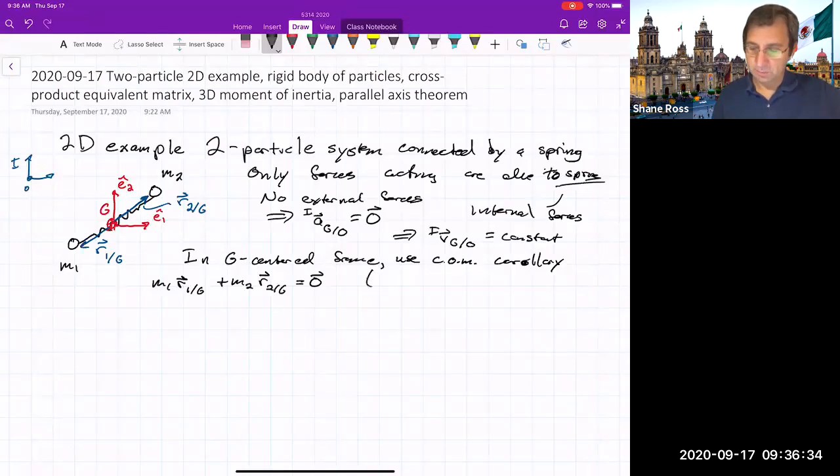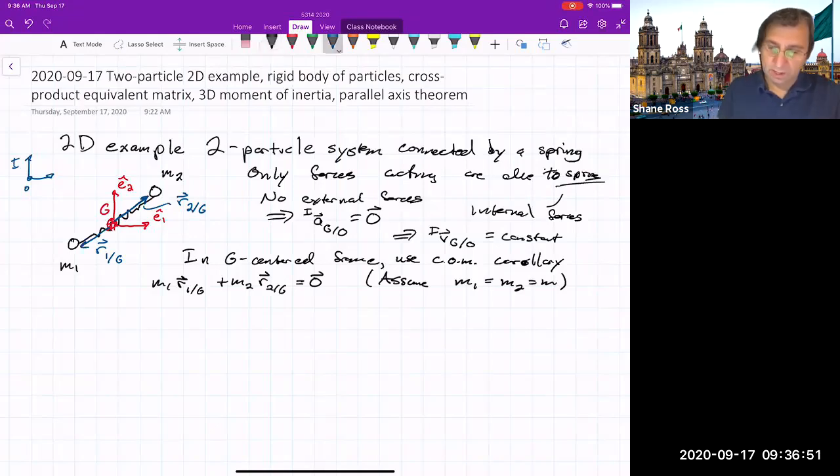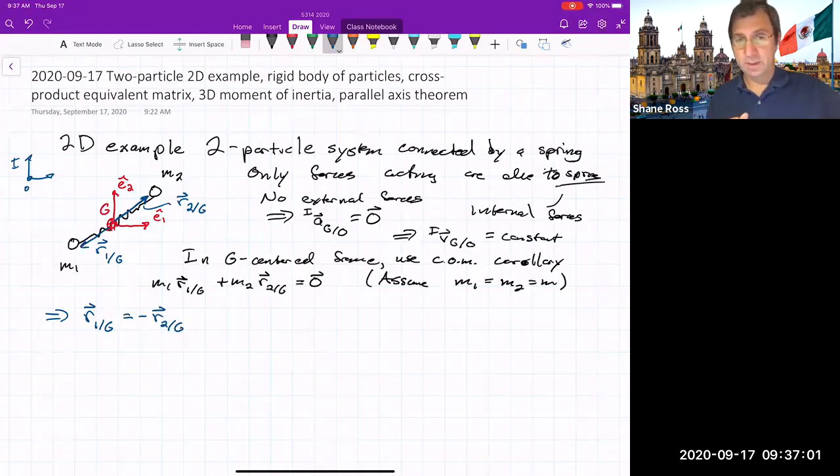To simplify things, let's just assume that these are equal masses. So the center of mass is exactly in the middle between the two. If M1 equals M2, these masses will cancel out and we'll get that R1G equals negative R2G.